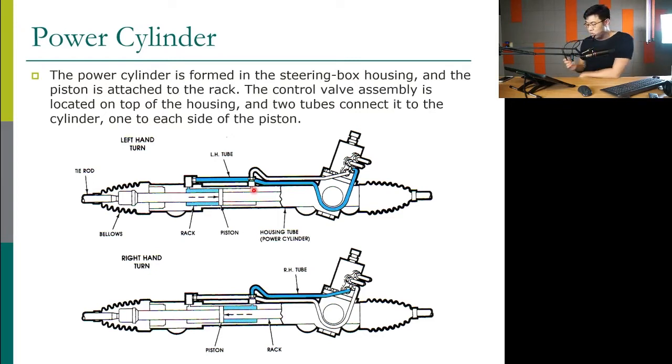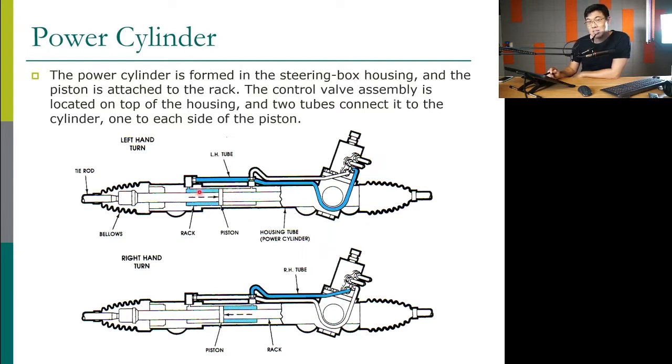If we want to turn left, the upper picture is turning left. The hydraulic pressure coming from the valve will go into this tube, go there, and push the piston this way. On the other side is hydraulic fluid which doesn't have a lot of pressure, because it is not the pump side.